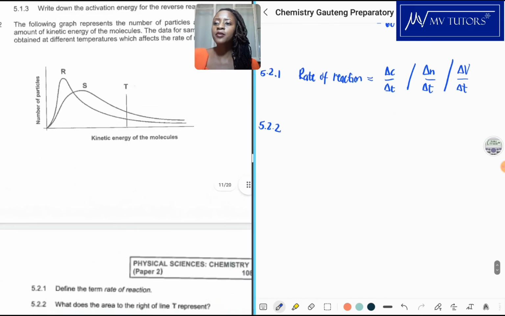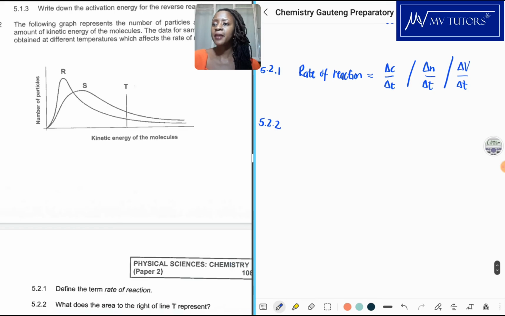Okay. So if you have your Maxwell-Boltzmann diagram there, that line is basically indicative of activation energy. On the left of line T, you have particles that are just existing.